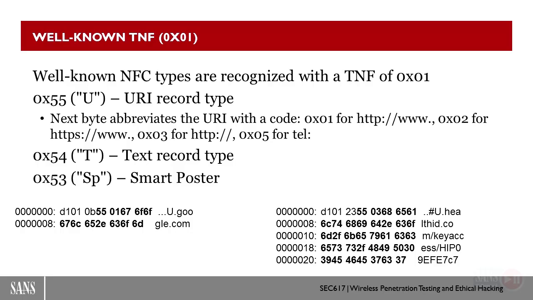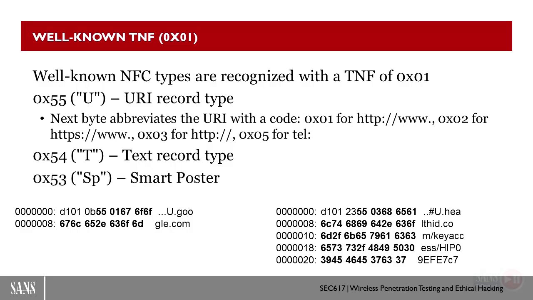So in this case, TNF of 01, and then the URI record type of 55. So we have a uniform resource indicator with 01 for some of the next ones for http://www, 02 for additional shortcuts, some telephone.